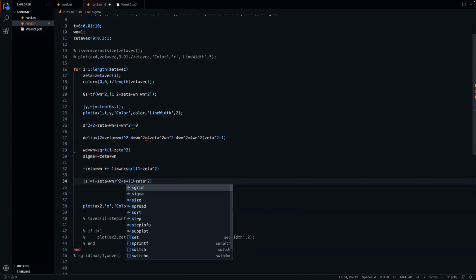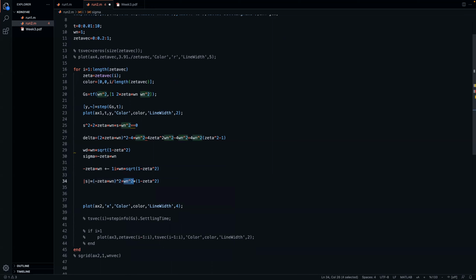And if we distribute omega n squared, we would end up with this. Whereas this one here is basically zeta squared omega n squared. Now we can see that this multiplication is basically the same as omega n squared zeta squared, so they will cancel each other out and we will be left with omega n squared.